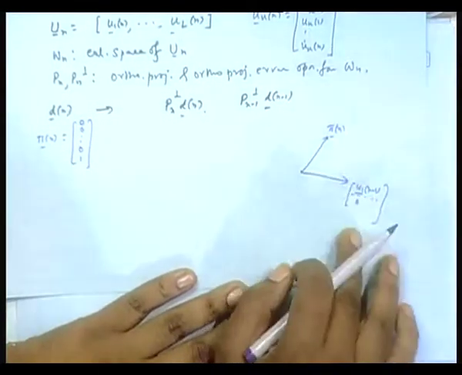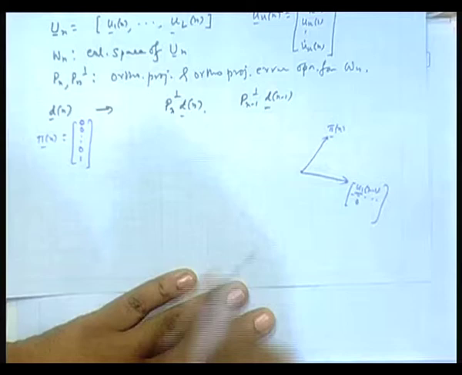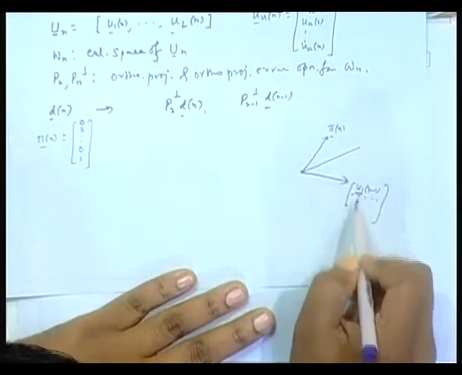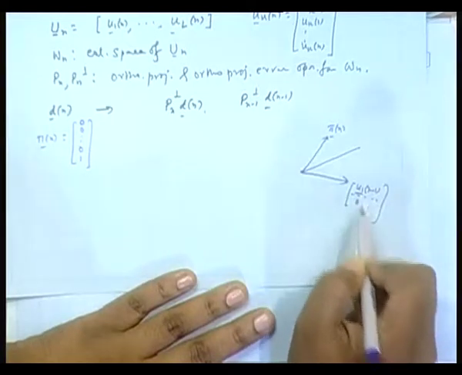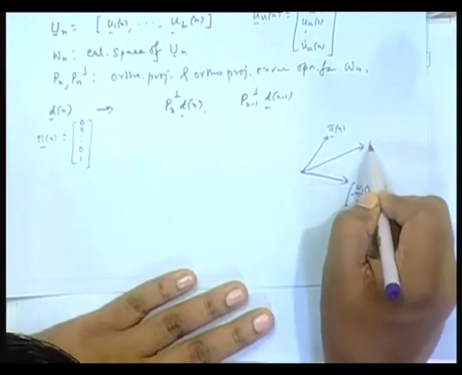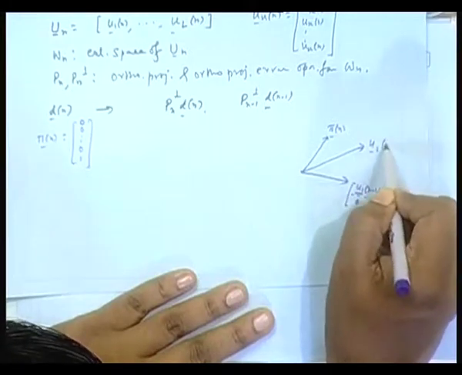Fine. These two are orthogonal. Now suppose I consider, but they are all length n, I consider another vector. That is your U1 n.